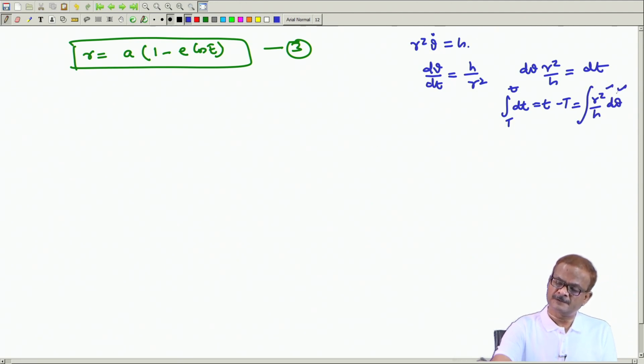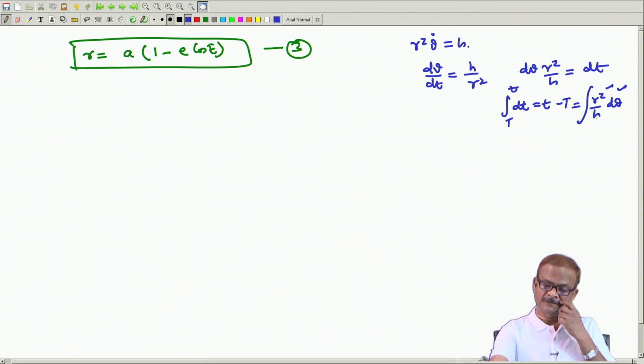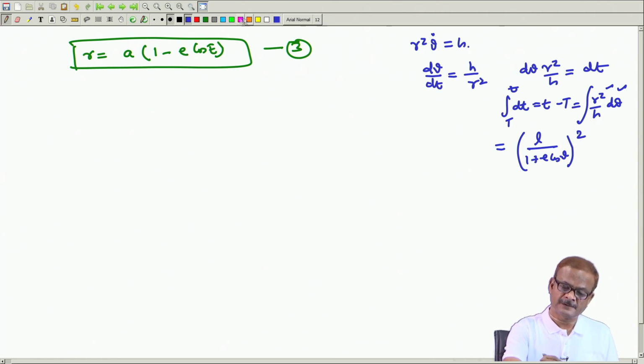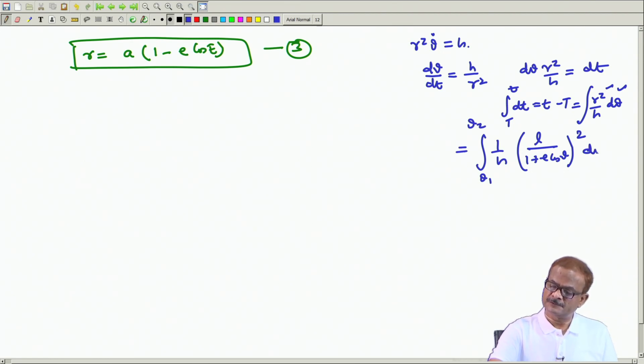Here it is not comfortable to work with terms like r equal to L by 1 plus e cos theta, and then 1 by h integrating between theta 1 and theta 2 of d theta.